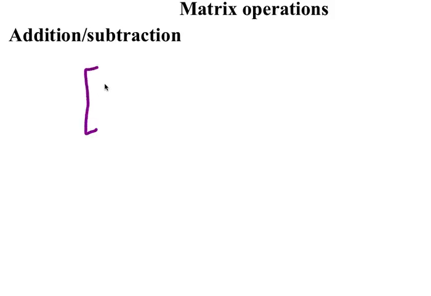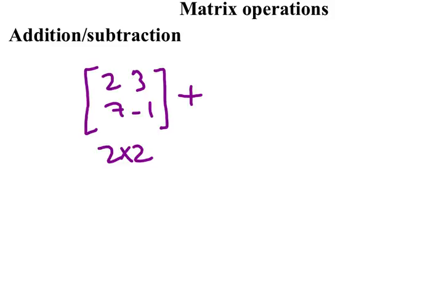So if you had two matrices, let's say 2, 3, 7, and -1, this is a 2 by 2 matrix, 2 rows, 2 columns. If we wanted to add, we'd have to add another matrix of the same dimension, so it also has to be 2 by 2. Let's say this was 0, -1, 5, and 6.